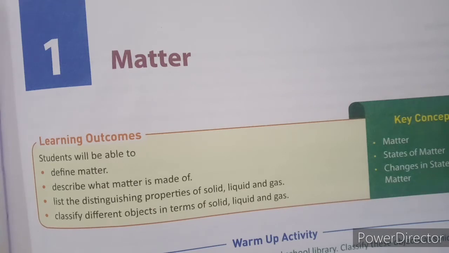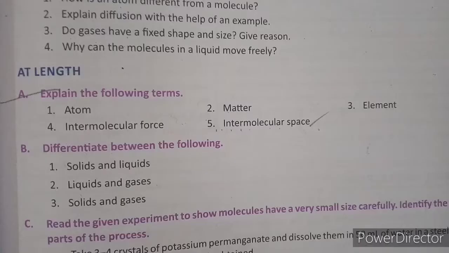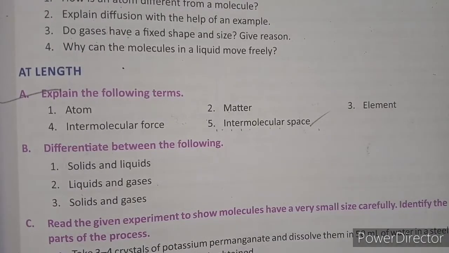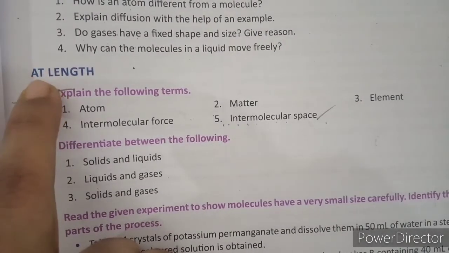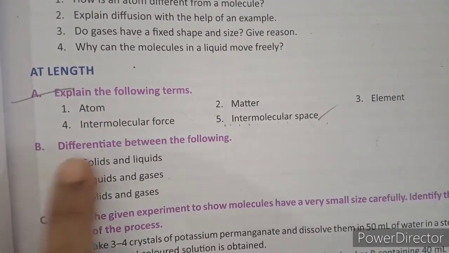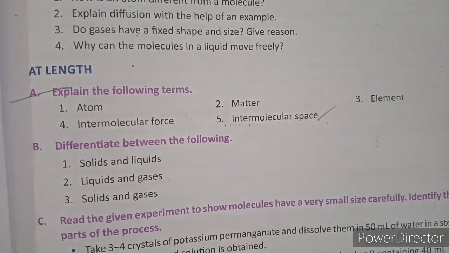Students, already in our previous video, we have discussed the exercises of the first chapter in physics, that is matter. Students, we have already completed up to the exercise, that is, at length differentiate between the following.